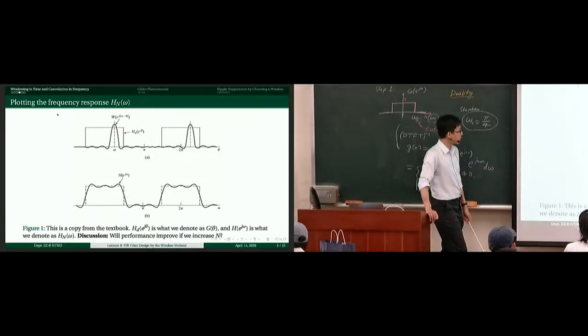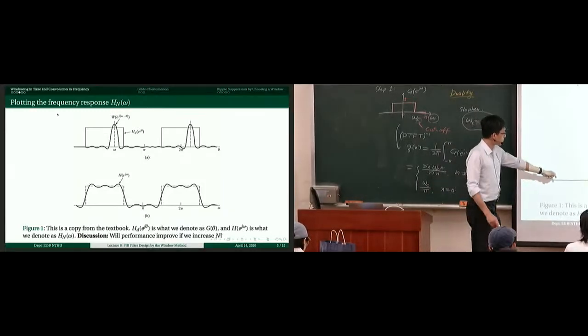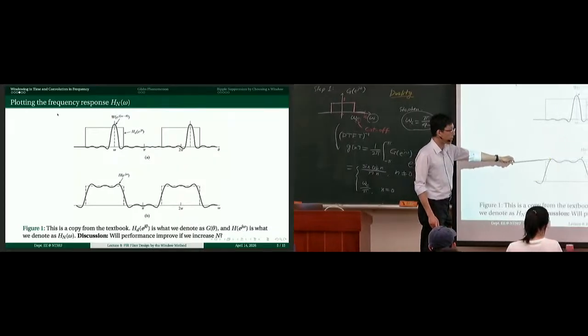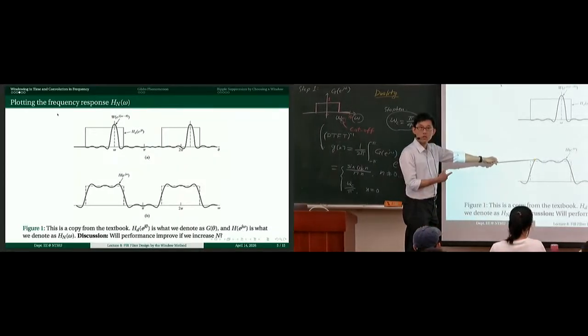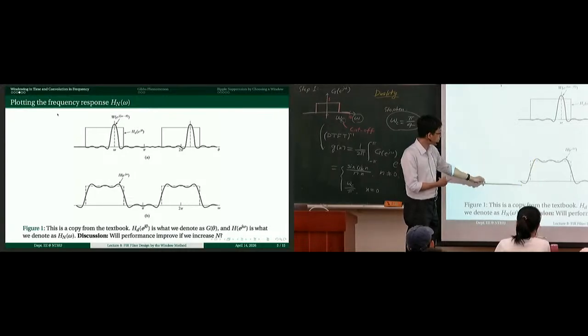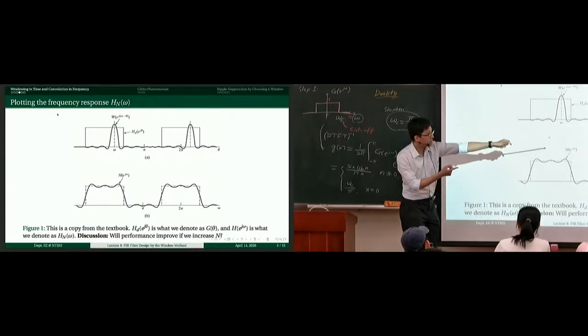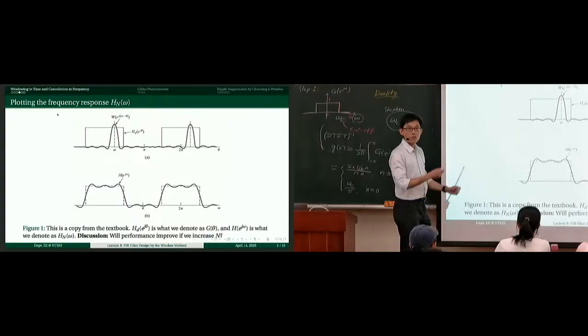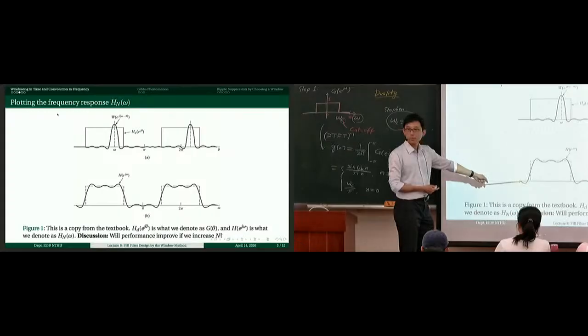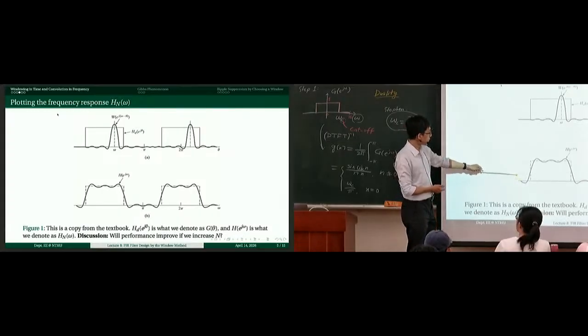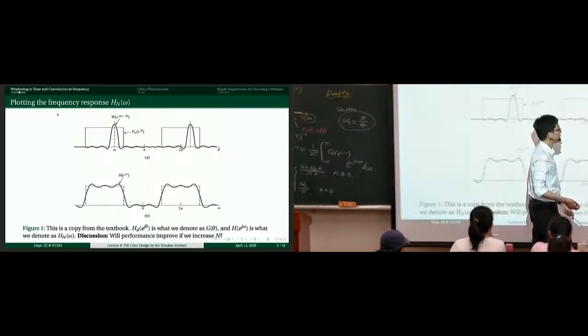But now after truncation, the frequency response becomes like that in the solid thick line. That shows us the frequency response after truncation, when you only keep 2n+1 samples. This is the frequency response of your h of n.